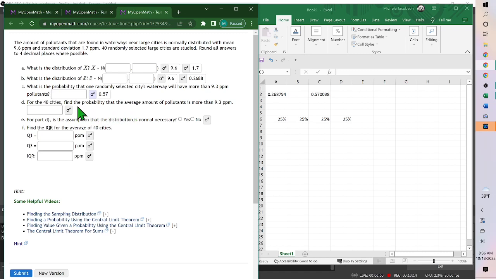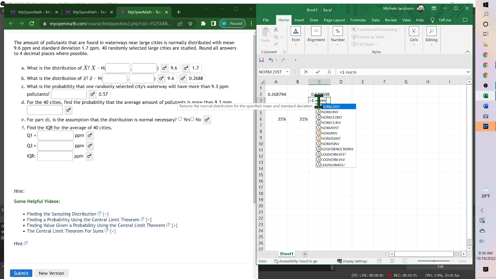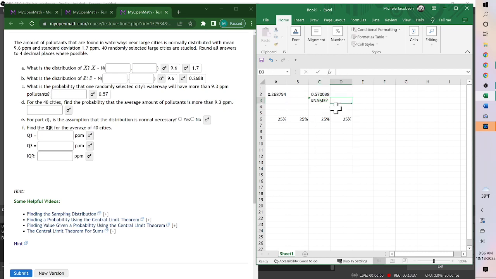The second one uses the 40 cities. So the only difference is the standard deviation. Instead of the 1.7, it'll be the 0.2688. So we'll go equals 1 minus the norm distribution.